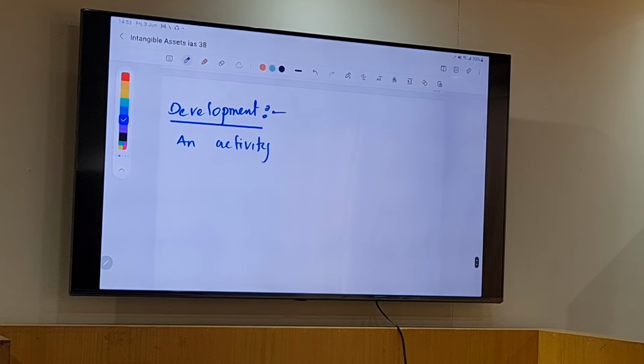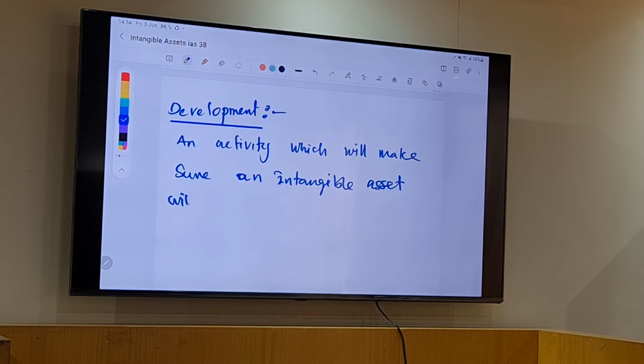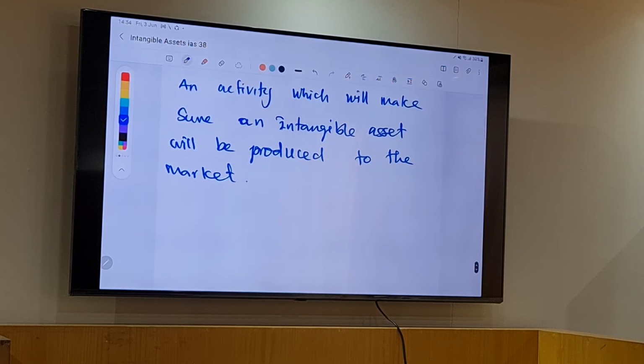An activity which will make sure an intangible asset will be introduced to the market. An intangible asset will be introduced to the market.